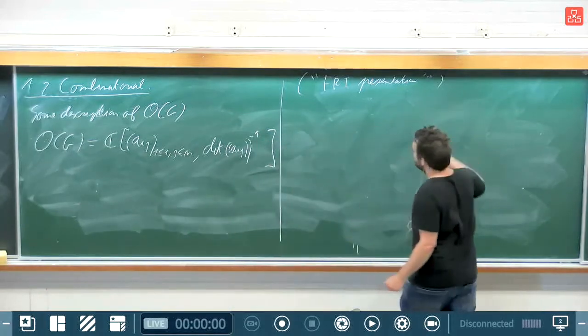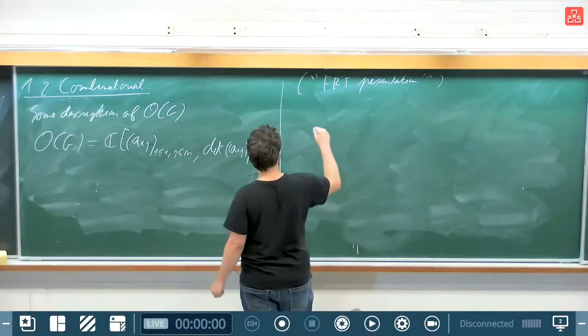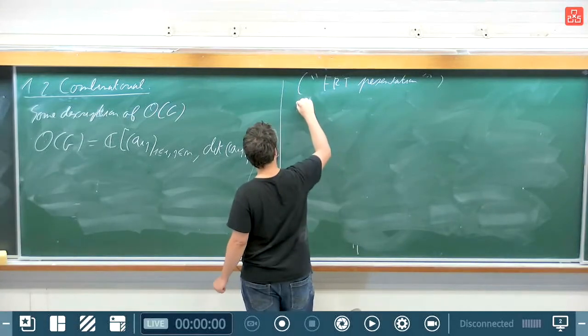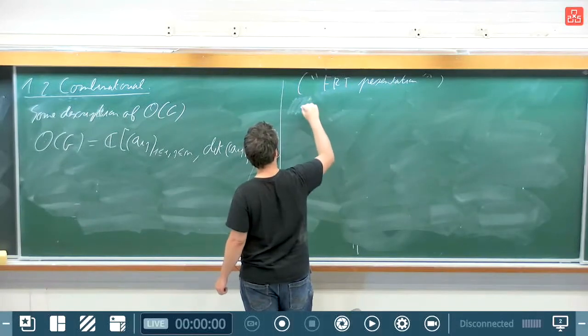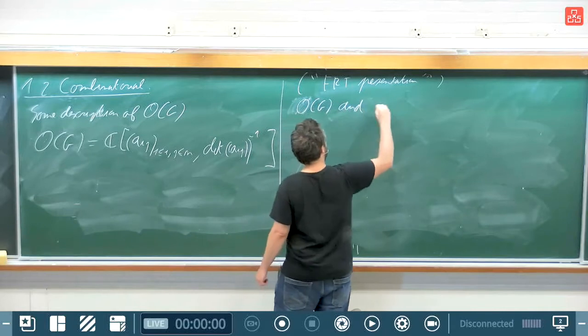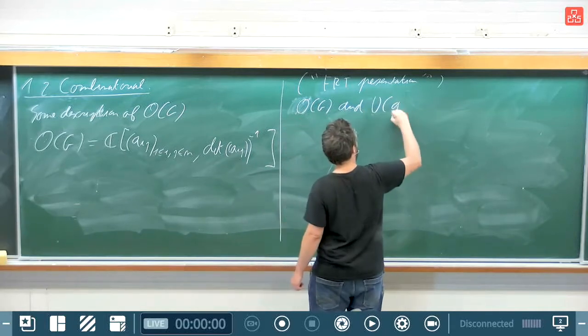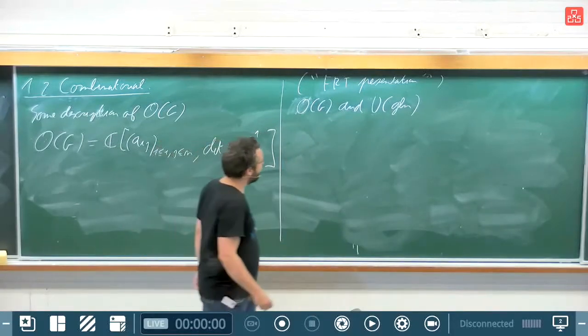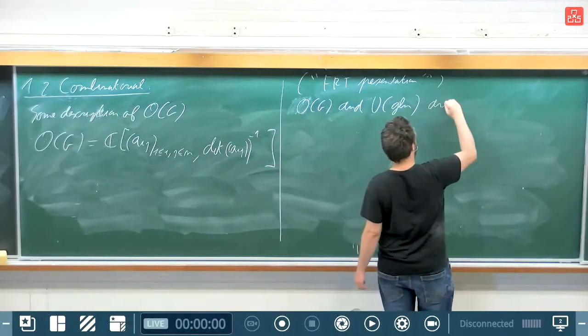So basically the idea is that, how should I say that? An important point is that the algebra O of G and the enveloping algebra of GLN are actually dual to each other in some sense.